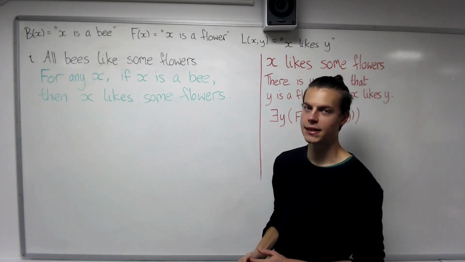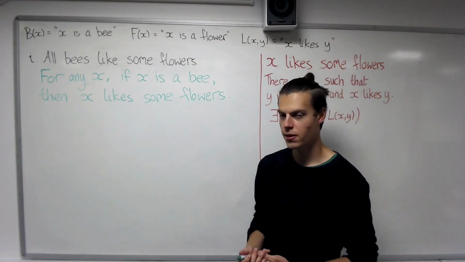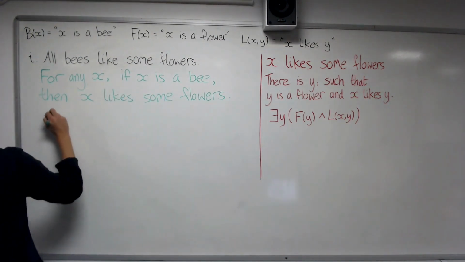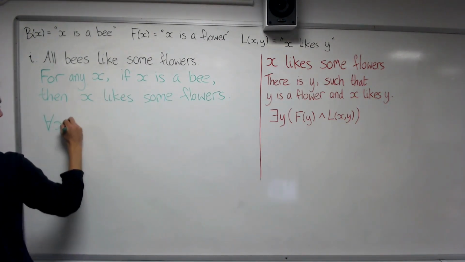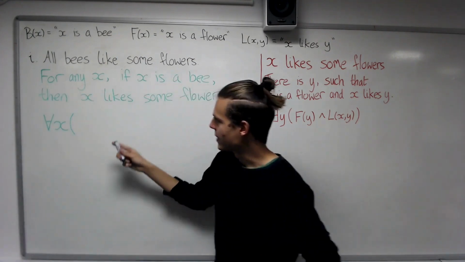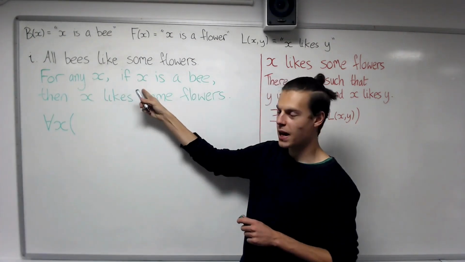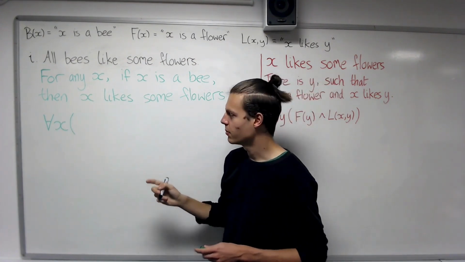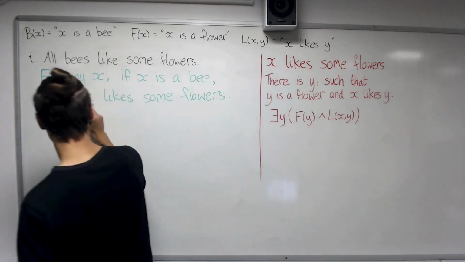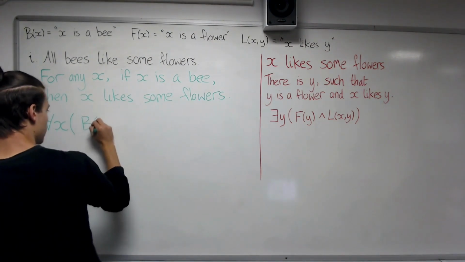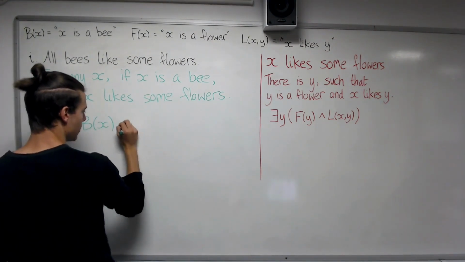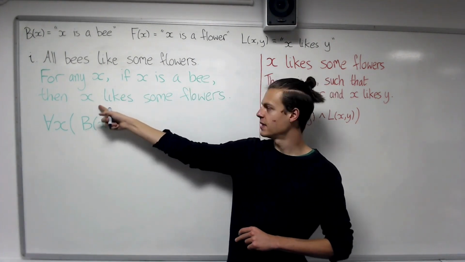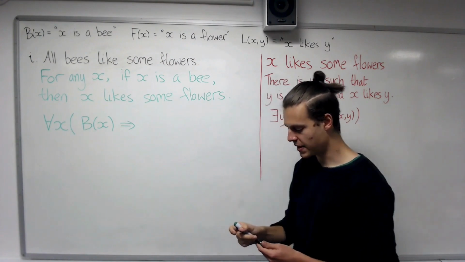And now we can try to translate this into predicate logic. So for any x, we know how to write that. And we now have an implication, right? If x is a bee, then x likes some flowers. So B of x implies that x likes some flowers. Well, we've just seen how to write that.